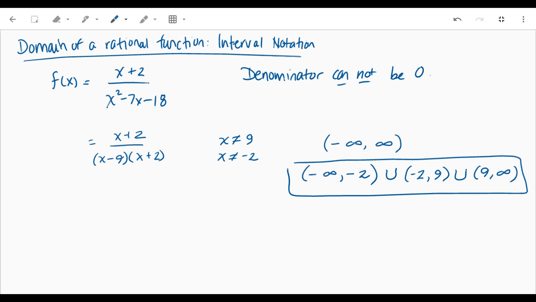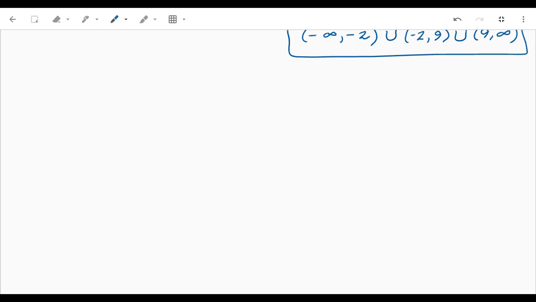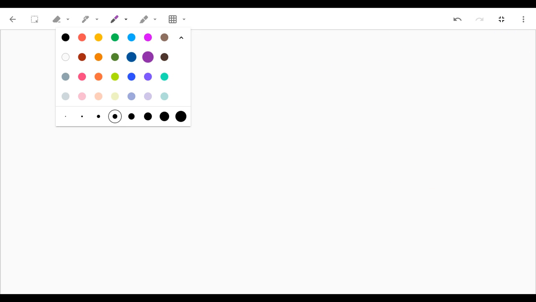All right, our next one is domain of a square root function. And this one, they're classifying as advanced.